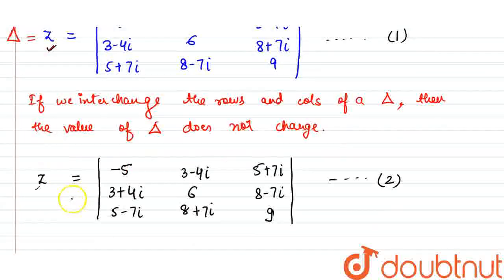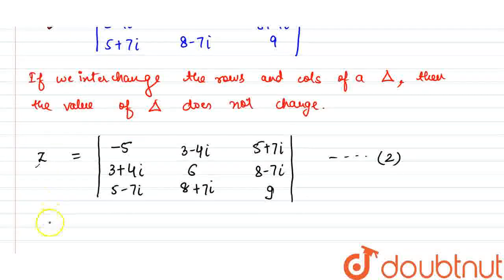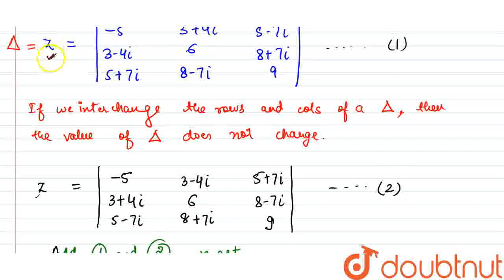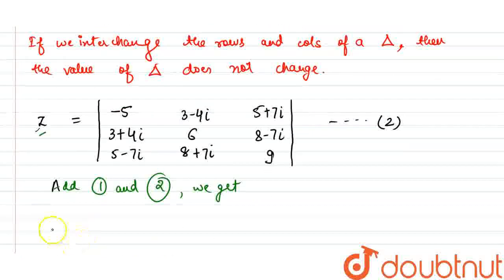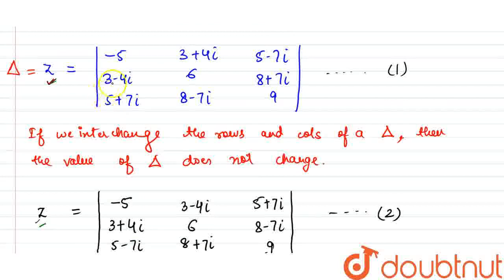Now we can add equation 1 and 2. Adding, we will get Z plus Z, which gives 2Z on the left hand side, and each element will add to the corresponding element in the second equation.